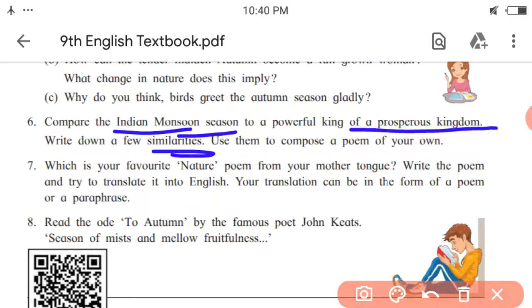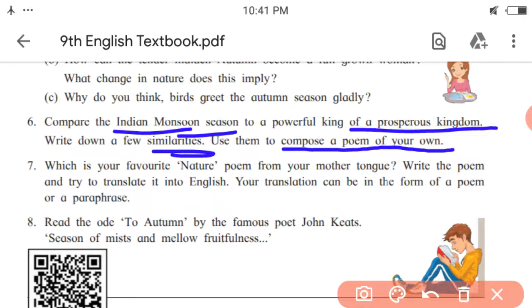Use them to compose a poem of your own. So, what similarities can be written? Just like a king of a prosperous kingdom looks after the citizens or the subjects in the kingdom, the same way as the Indian monsoon begins, it starts looking after all the people in India.